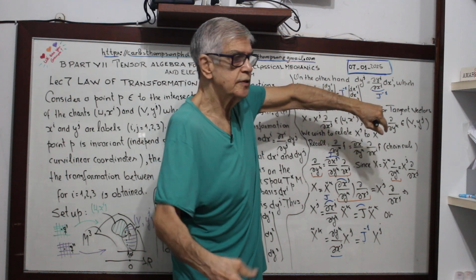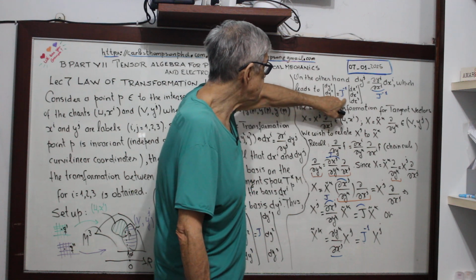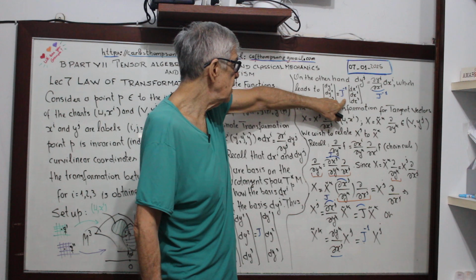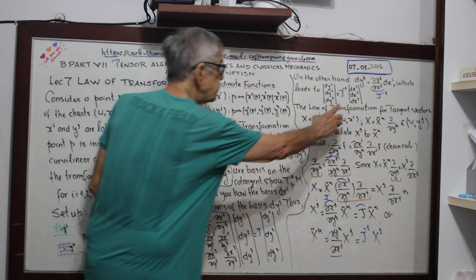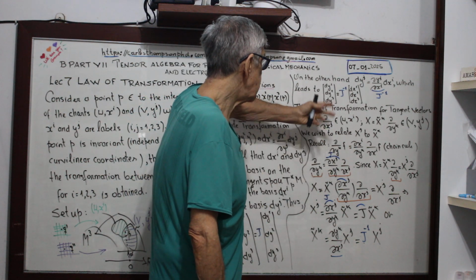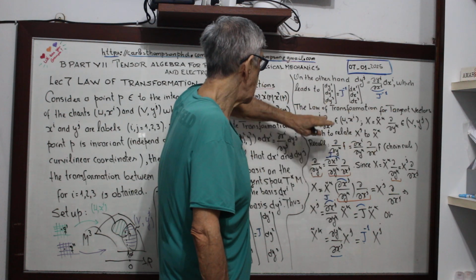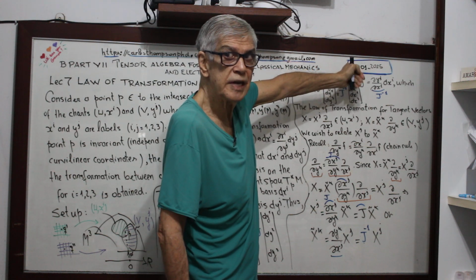Again, from advanced calculus, this leads to, now this is the inverse of the Jacobian. You see, this is the Jacobian, and that is the inverse of the Jacobian. So this case is the law of transformation for the tangent vector. Now, this is a transformation for the cotangent basis.